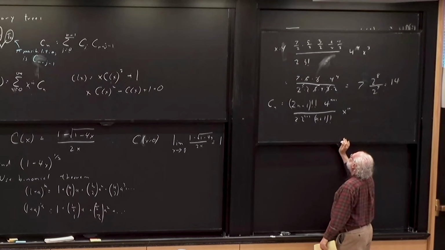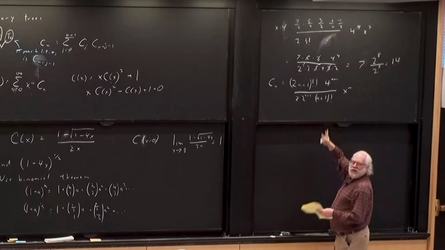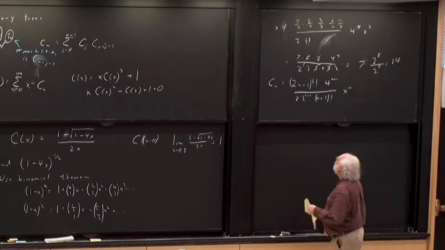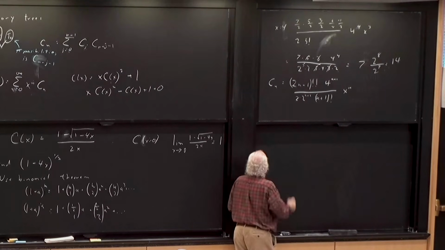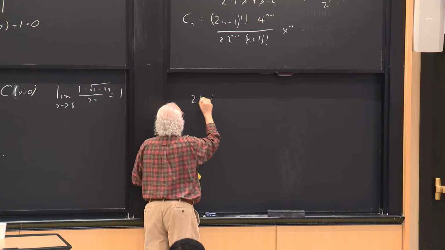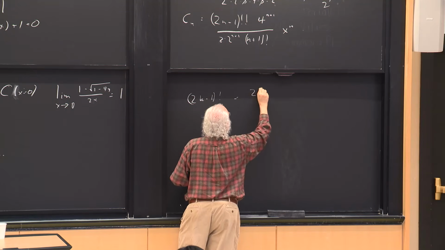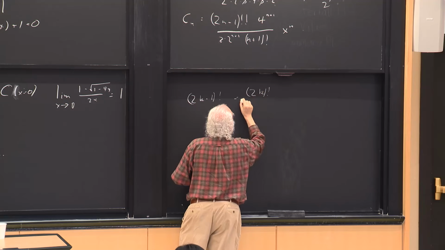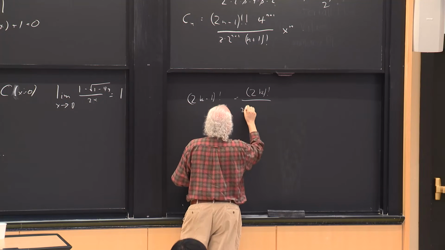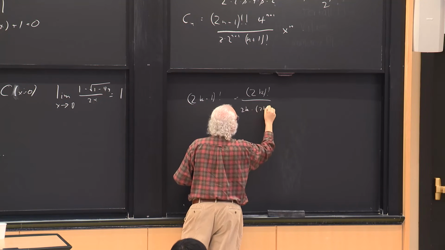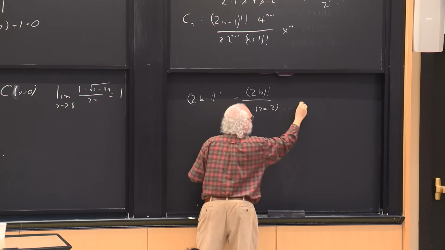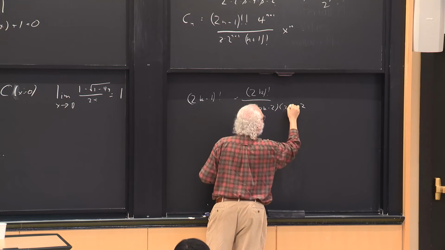Here. We need to manipulate this into a better form. And the way we do that is we say 2k minus 1 double factorial is equal to 2k factorial over 2k times 2k minus 2 all the way down to 2.